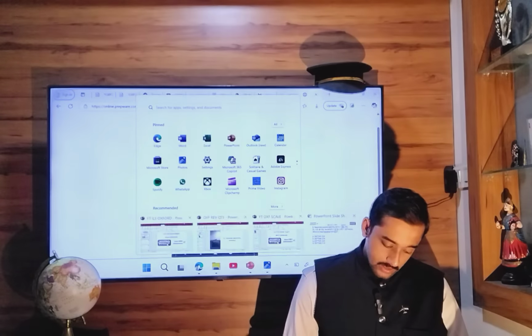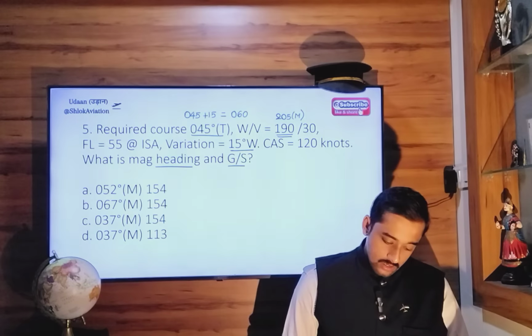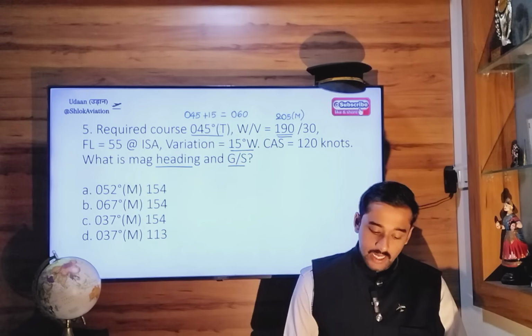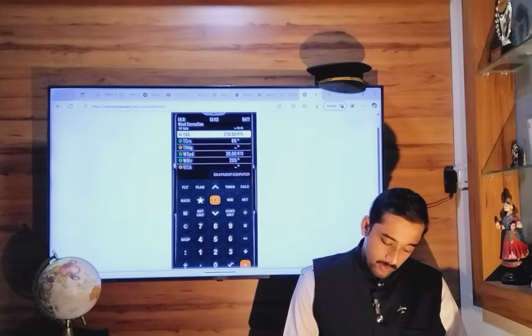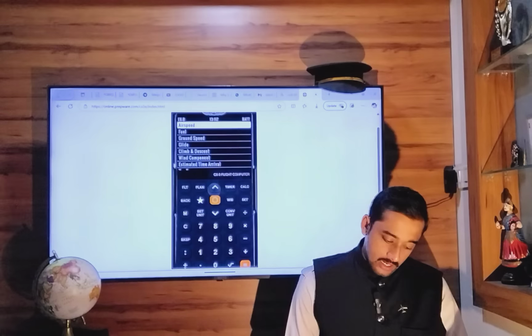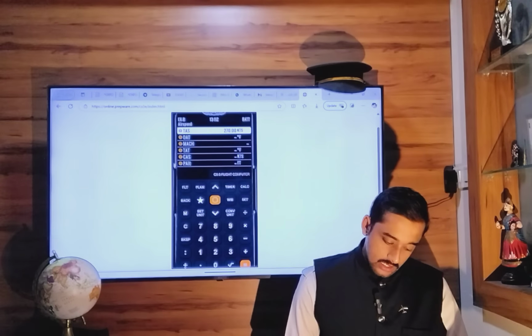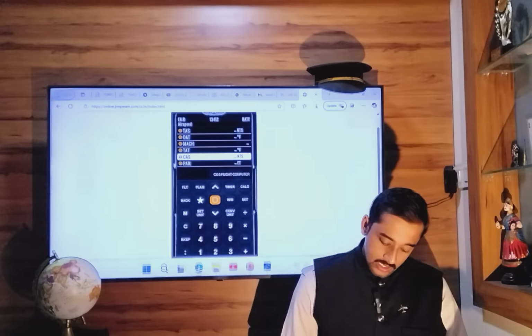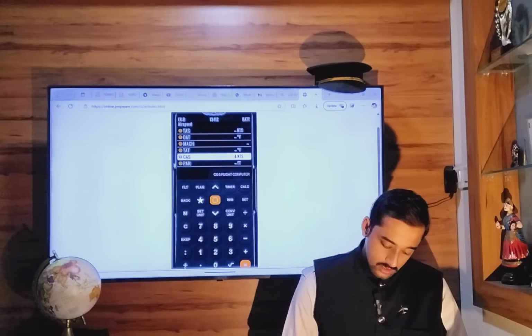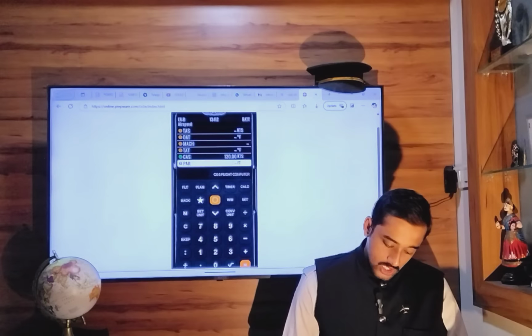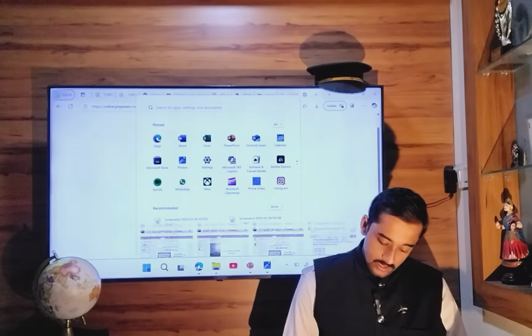True airspeed is not given to us, but we have calibrated airspeed 120 knots. So what we will do is we will go back and find true airspeed. So calibrated airspeed is 120 knots. Pressure altitude is 5500.